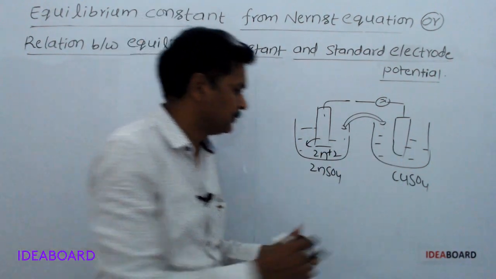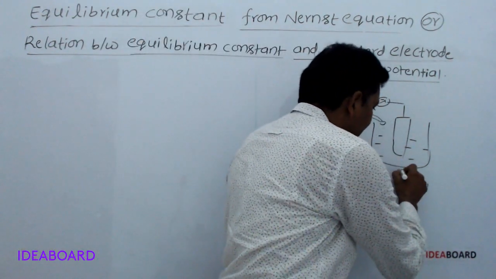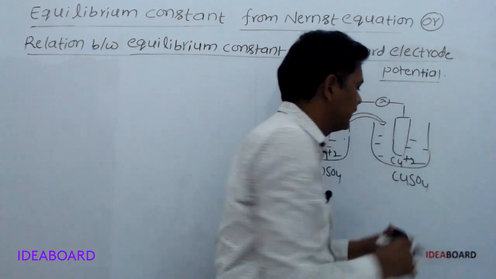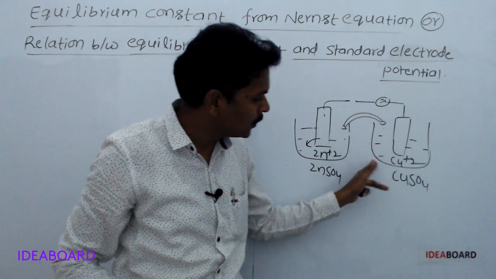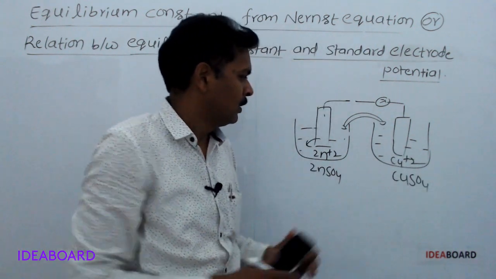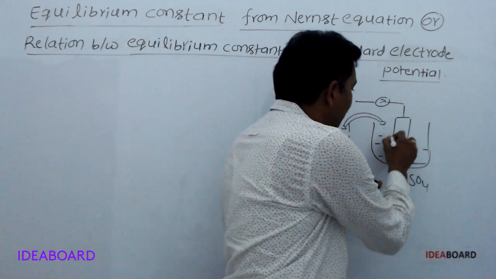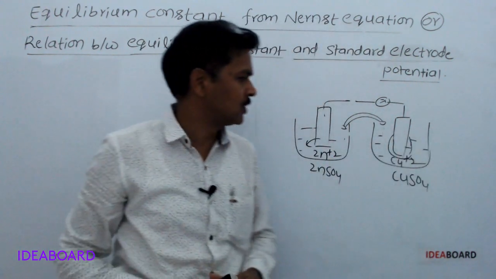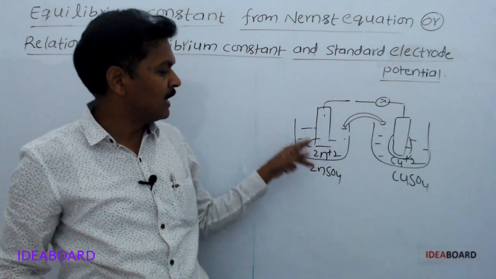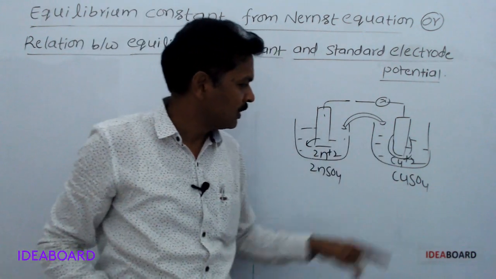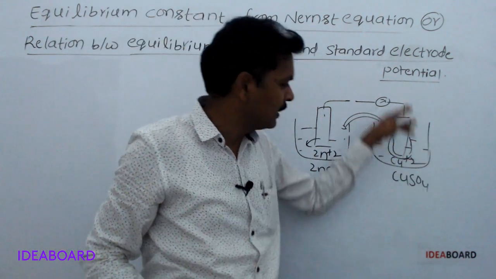In second half cell, copper sulfate means copper ions and sulfate ions are there. Here those electrons will be gained by copper ions of copper sulfate. So these copper ions will deposit on the copper electrode. So as the time passes, concentration of zinc ions keeps on increasing and concentration of copper ions keeps on decreasing.